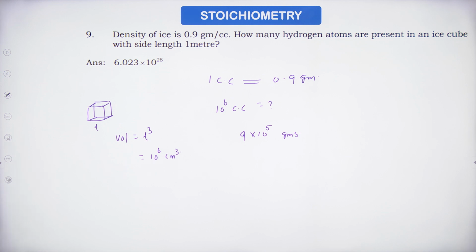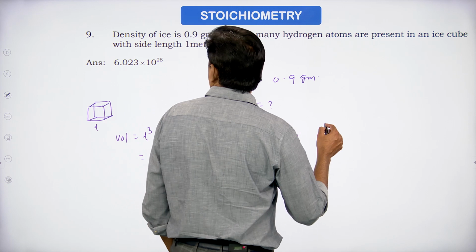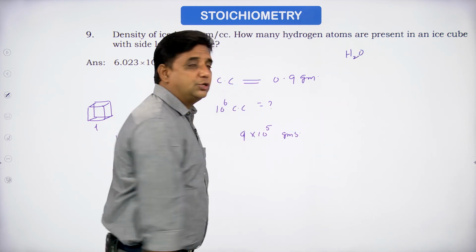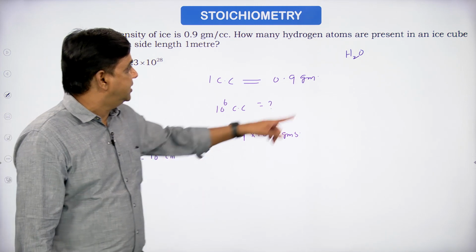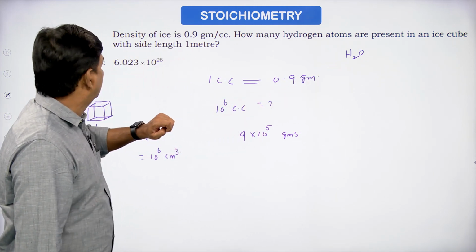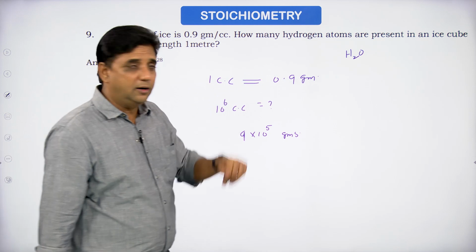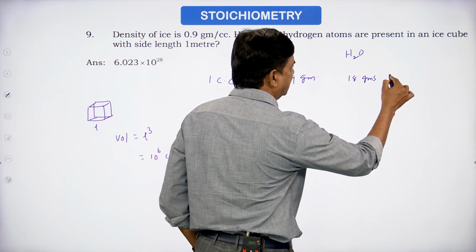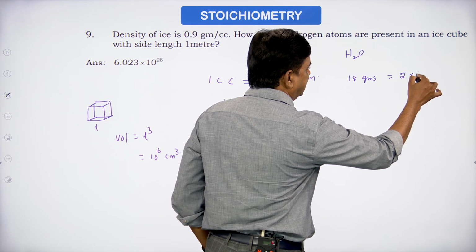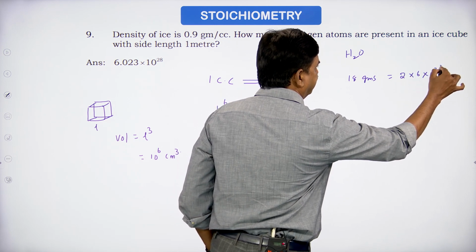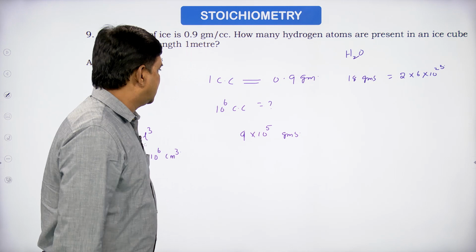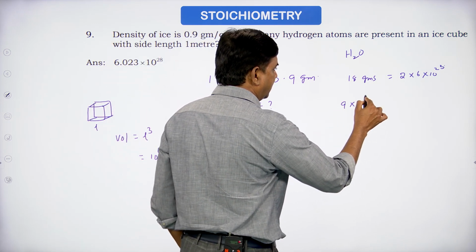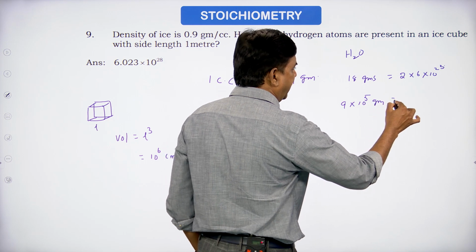Okay. The water molecule is H2O. H2O means 18 grams of water contains 2 moles of hydrogen atoms. So 18 grams contains 2 into 6 into 10 power 23. So 9 into 10 power 5 grams contains how many hydrogen atoms?